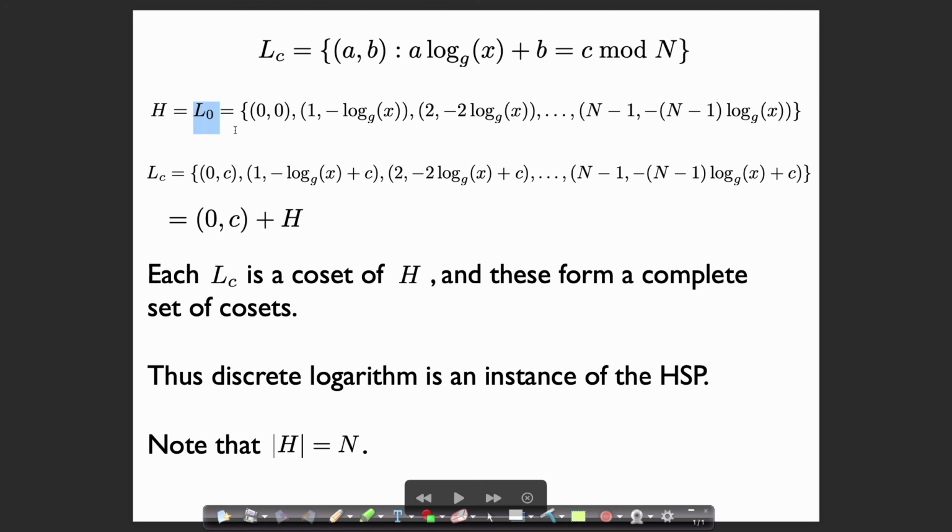L0 has a generating set of just one element, and from that element we can derive log base g of x. For example, a generator of L0 would just be this element here, (1, minus log base g of x), and clearly from this element we can derive log base g of x.